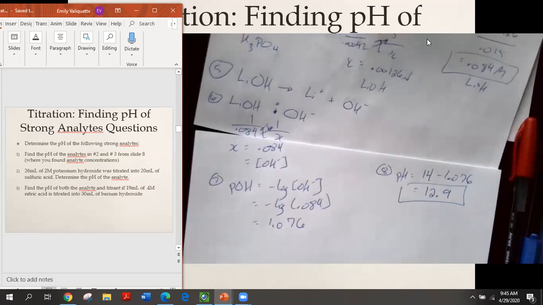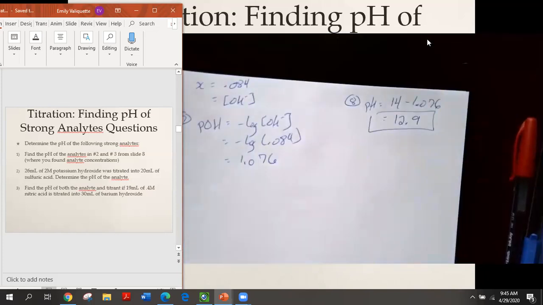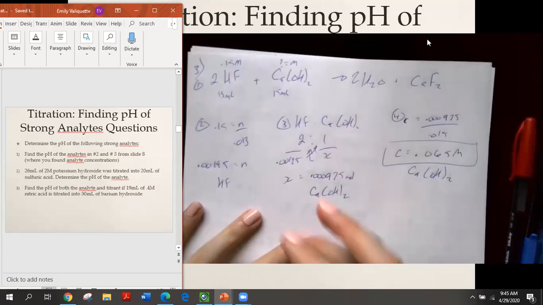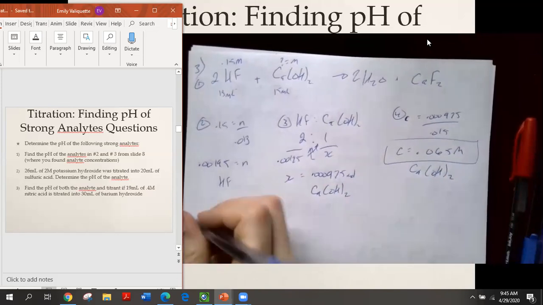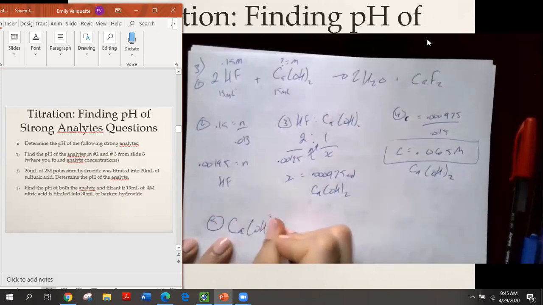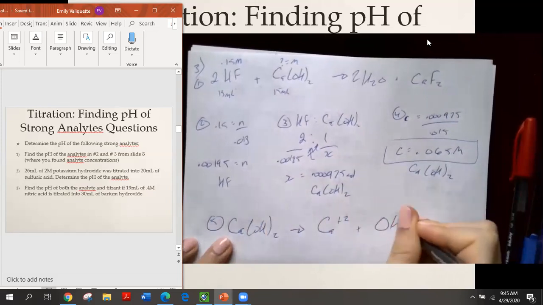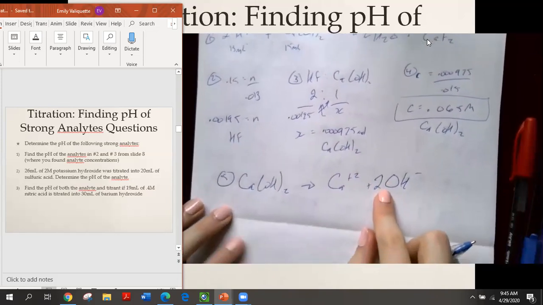Okay, so we've already done this in the previous chapter where we find pH. It works the exact same way. If we were to look at question number 3, again, we found that our calcium hydroxide had a concentration of 0.065. So once again, because it is a base, we have to take our calcium hydroxide and just dissociate it. Though in this case, in order to balance it, we need a 2 in front of our OH.